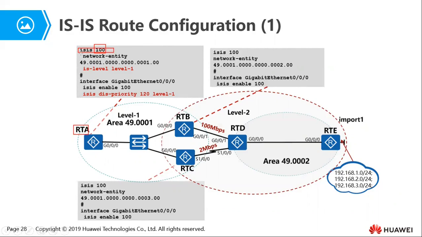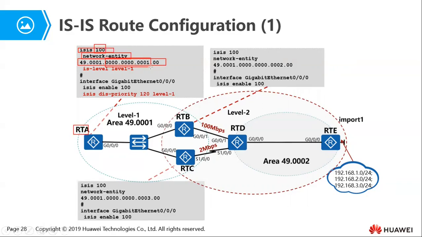Then you go into the IS-IS 100 view and use the command network-entity, then you type the NET. The NET will include the area ID, 49.0.0.0, so that's the area that it belongs to.